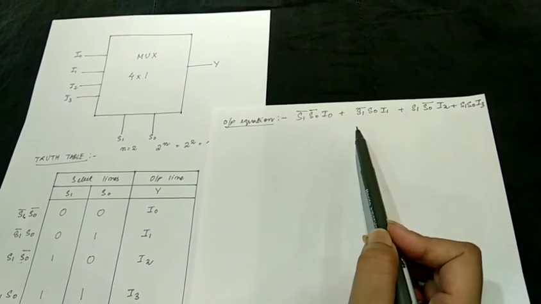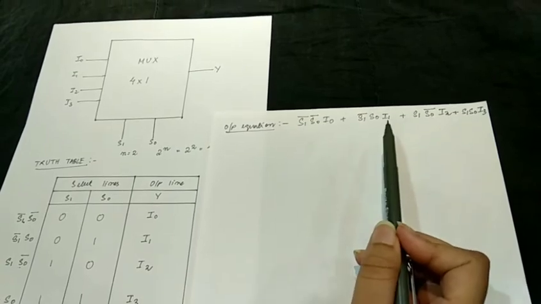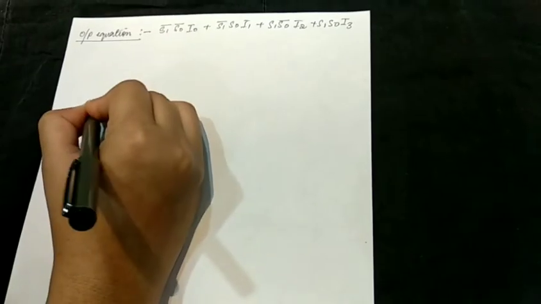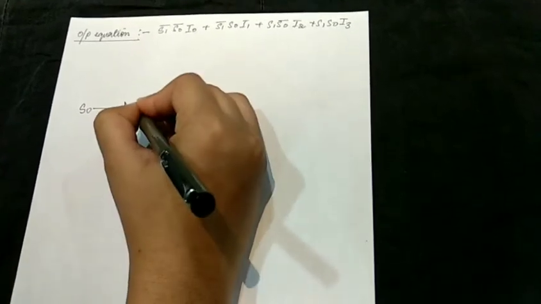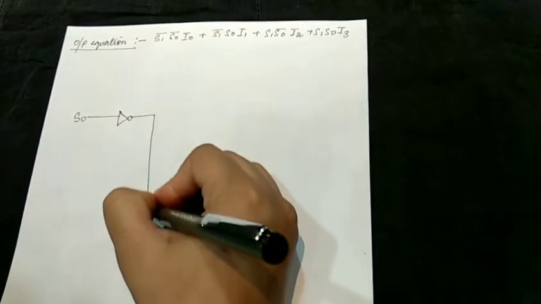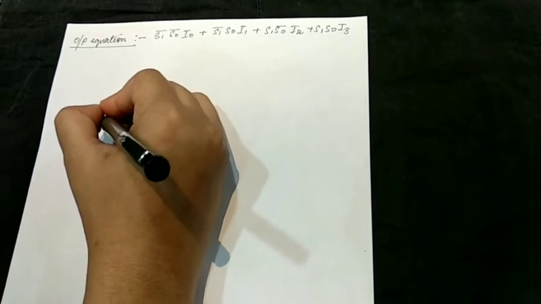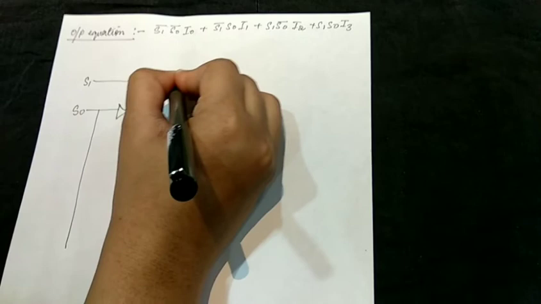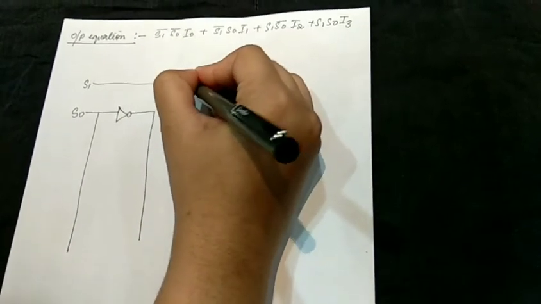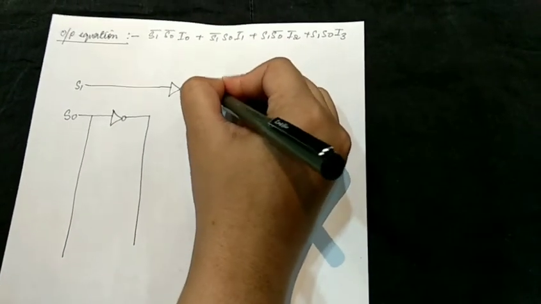From this equation, we can draw the internal circuit of the multiplexer. S0 passes through a NOT gate or inverter, it becomes S0 complement. So this is S0 complement and this is S0. Similarly, when S1 passes through a NOT gate or inverter, it becomes S1 complement.